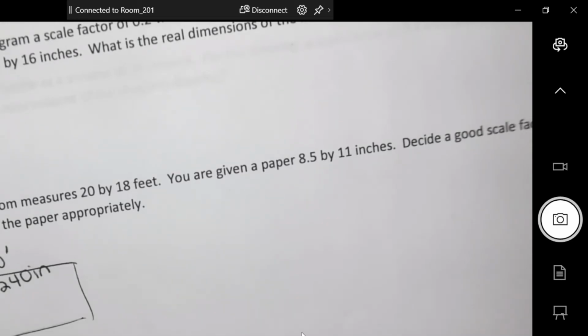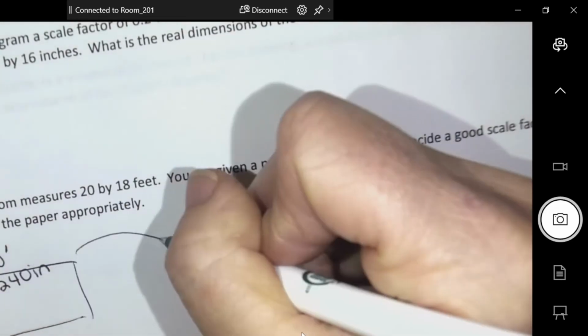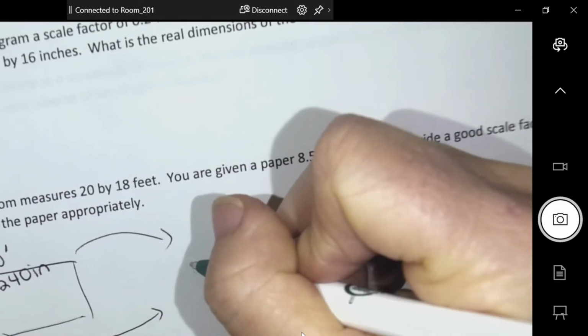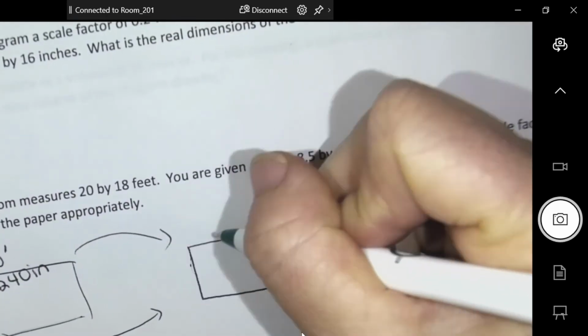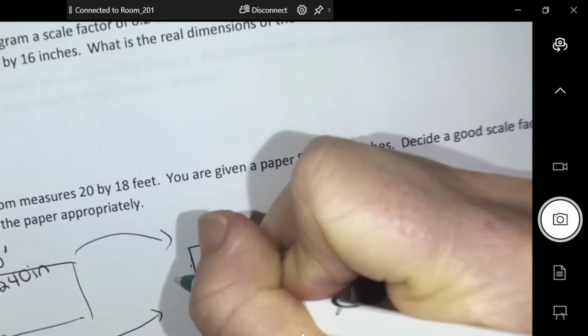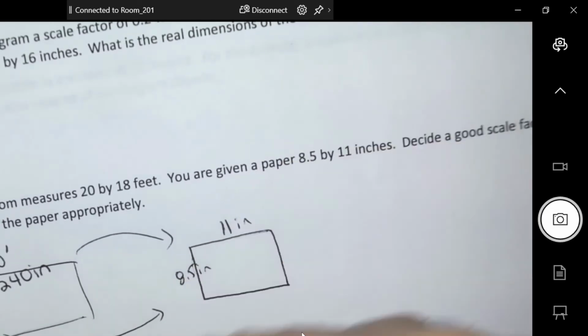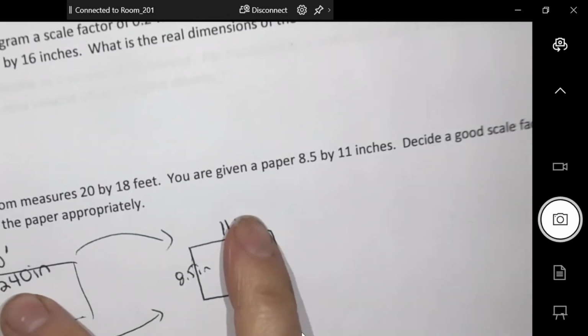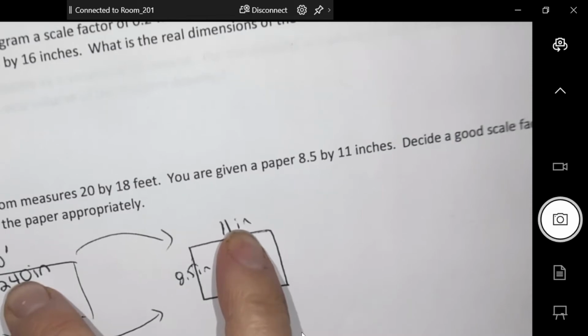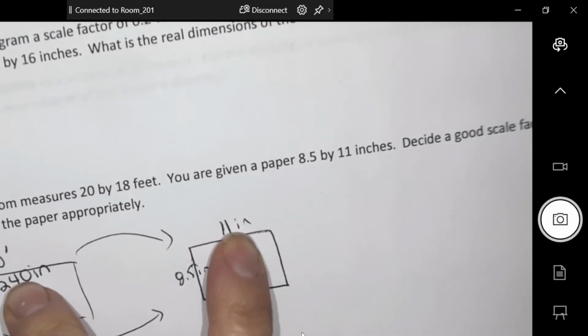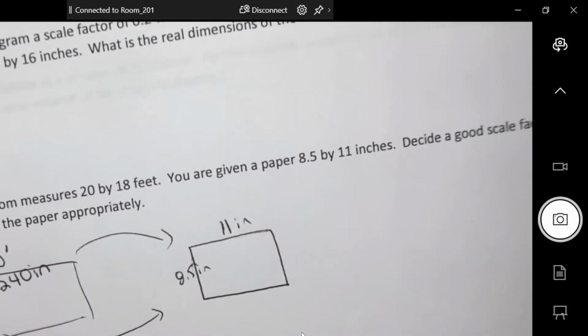Okay, now I'm going to try to be shrinking it, and then I would like to fit it on an 11 inch by 8.5 inch paper. So here's what I'm going to do. I'm going to divide those numbers to see how much bigger.